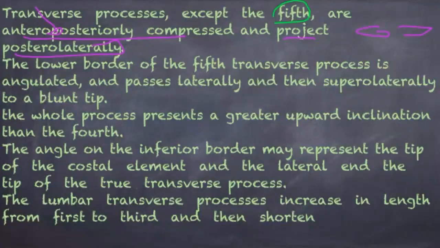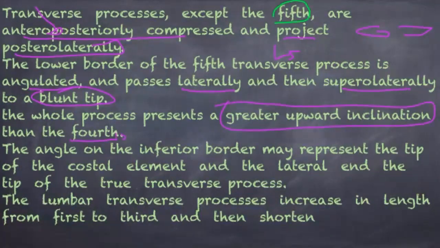The lower border of the transverse process of the L5 is angulated, passes laterally and then superolaterally to a blunt tip. The whole process presents a greater upward inclination than the fourth.